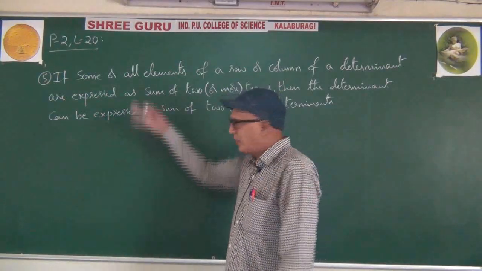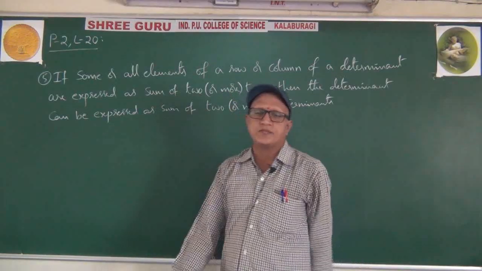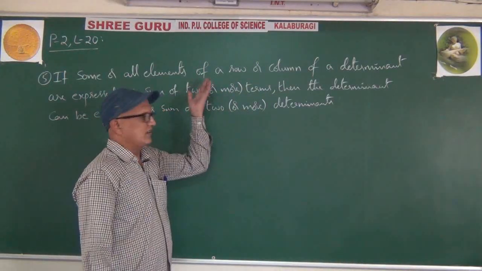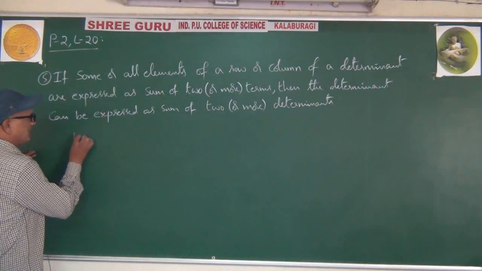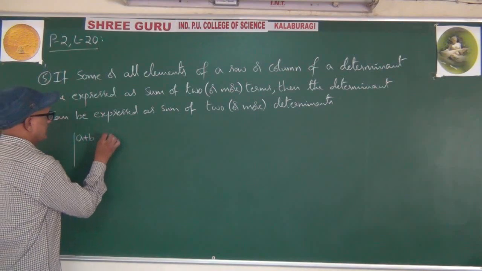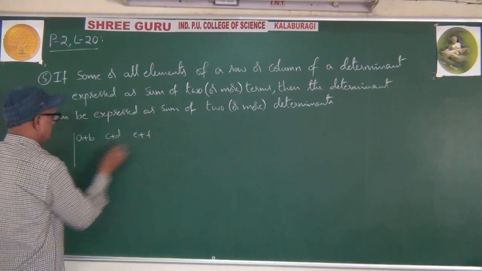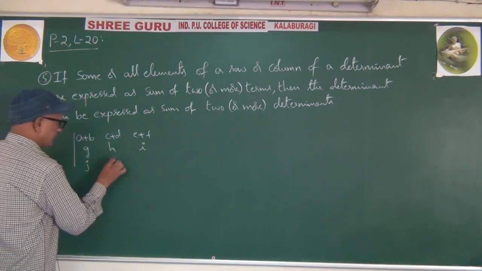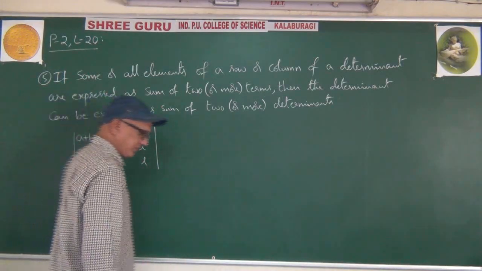I already told, the property is very lengthy, but the concept is very small. Very simple concept. First I will explain an example, then I will come back to this. You can understand easily. For example, the situation is like this. This is one determinant.